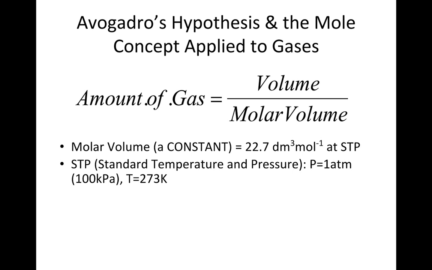And standard temperature and pressure, STP, has a pressure of 1 atmosphere, which is the same as 100 kilopascals, and a temperature of 273 kelvins. Now, the big question is, do I have to memorize all of that?